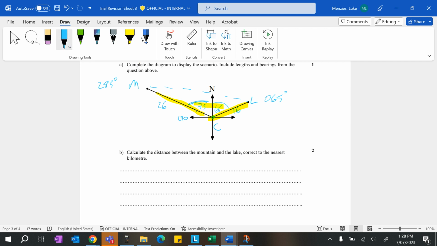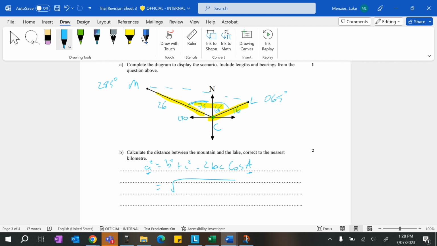The cos rule I'm going to use is a squared equals b squared plus c squared minus 2bc cos A. We're trying to find this side, and it's opposite this angle. The angle A is opposite this side. And to find it, you need to do the square root.